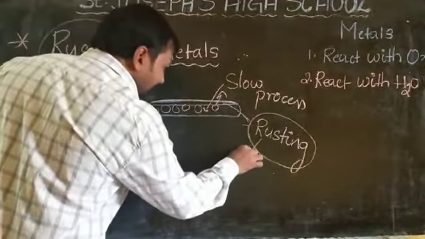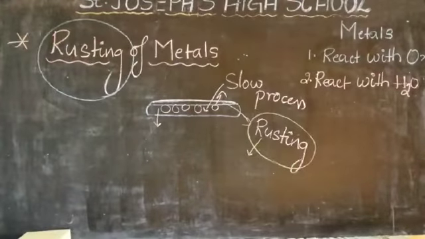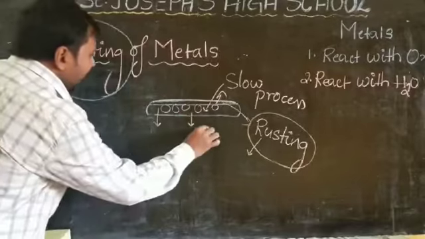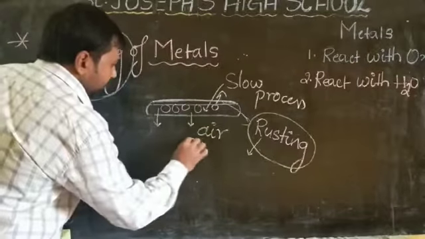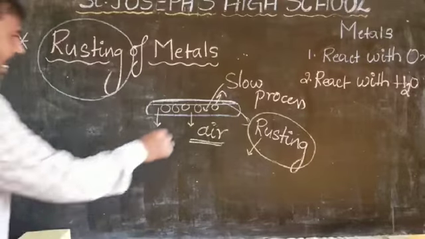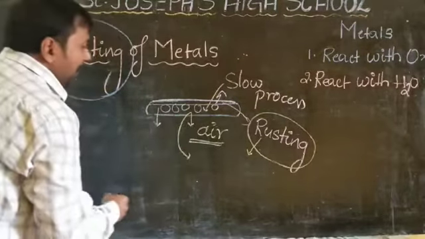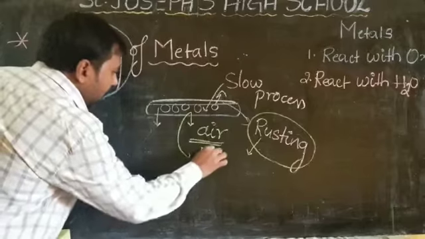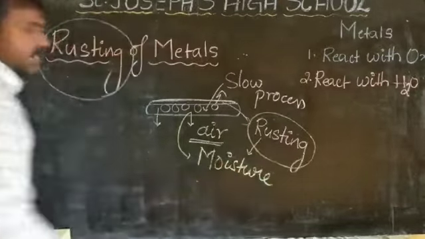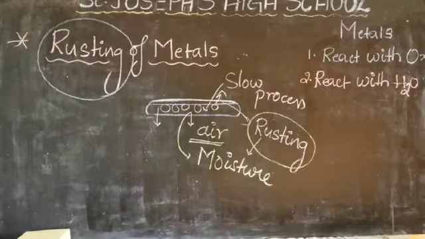So, for rusting, two things are necessary. One is the metal has to be in contact with air. Second necessary condition is the metal has to be exposed to moisture. Is it clear, children?